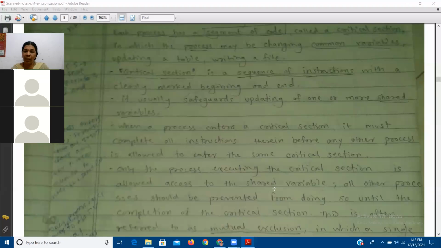Once customer 1 does the work and comes out, the resource is released by customer C1. What is the resource? The changing room. It gets released.